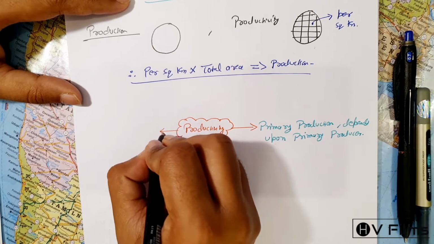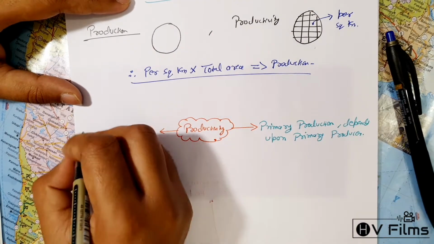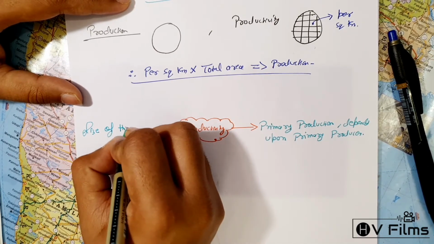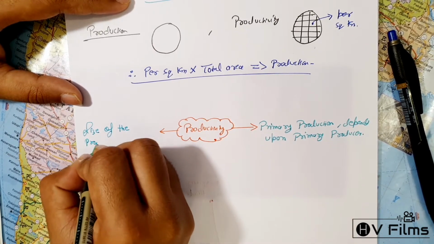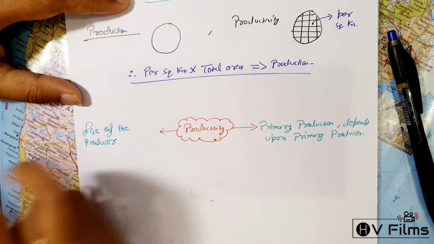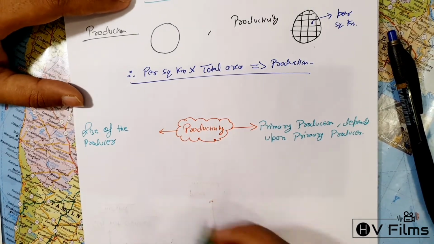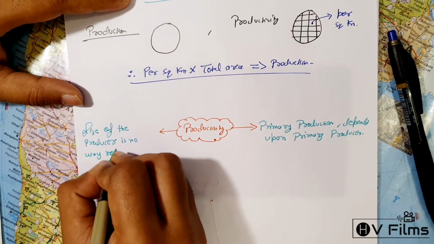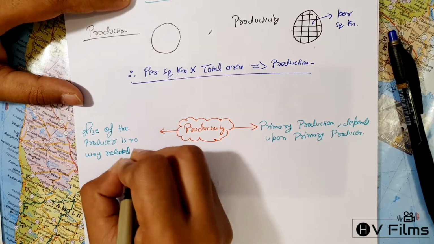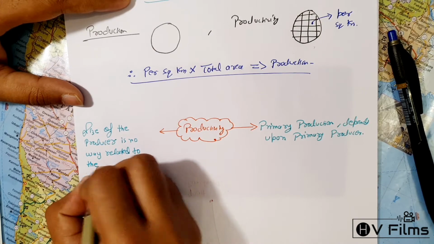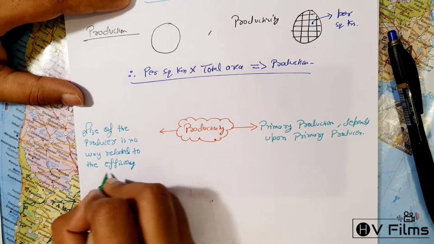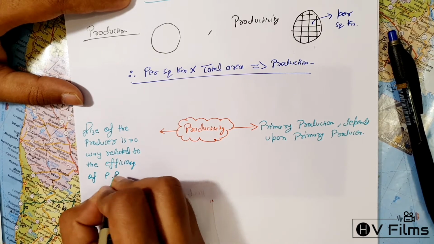Second thing is that the size of the producer is nowhere related to the efficiency of primary production.